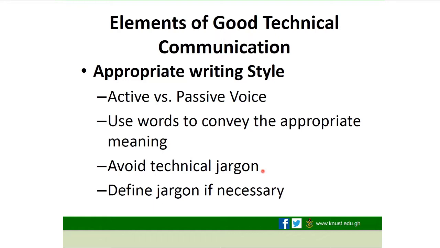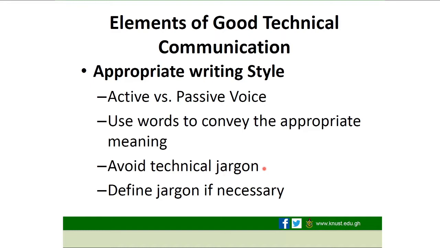All right, you should avoid some technical jargon. Many a time, someone might take up a report to read and they would want to actually understand what exactly you are talking about. If there is any technical jargon in your report, such a person may not be abreast with what you are talking about, so they may not be able to understand it.